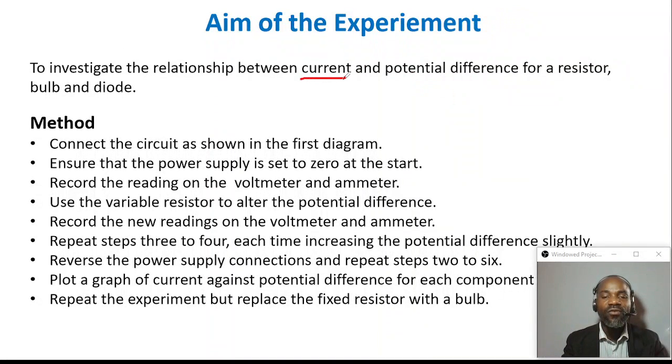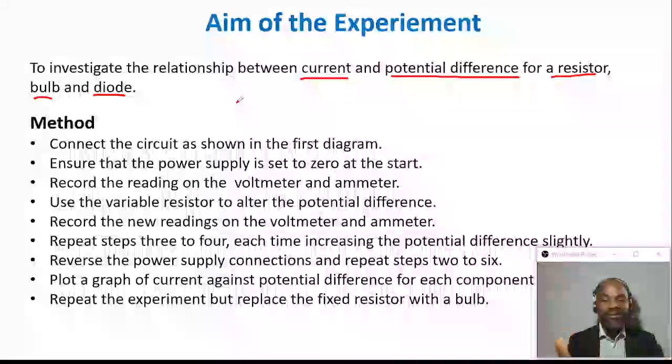That's the essence of this experiment. We want to know the relationship existing between current and the potential difference when a resistor is connected, or when a bulb is connected, or when a diode is connected. That is the aim of these experiments. So we are going to go through these steps one at a time and then explain each of them the way it should be explained.